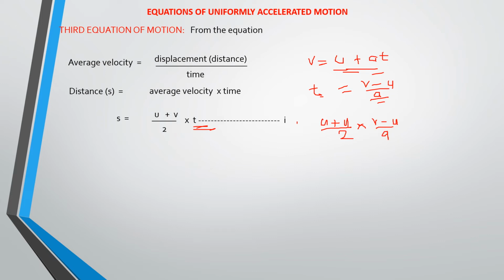So this will be your S equals to this. Now if you work this out, this will give you S is equal to (v squared minus u squared) all over 2a.